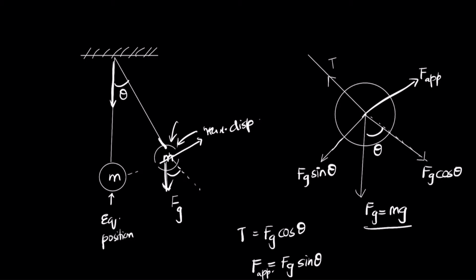Because the applied force equals ma, ma equals Fg sin theta. We know Fg can be written as mg, so ma becomes equal to mg sin theta.